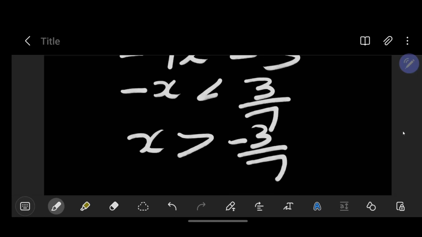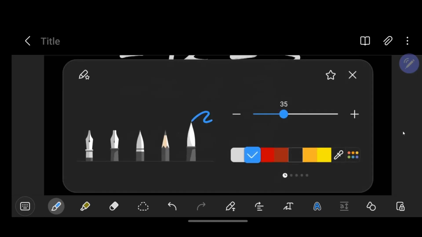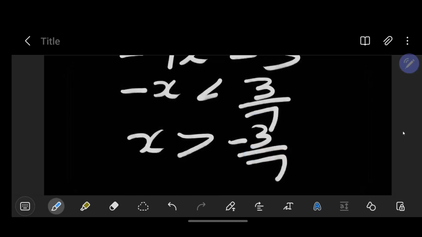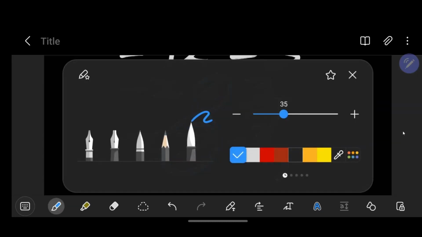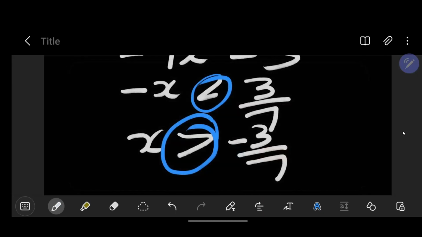Now, take note, whenever you divide by a negative, you need to change the sign. I will cover this in another video, but just remember for now, anytime you divide by or multiply by a negative, you need to change the inequality sign to ensure that your solution or x is still relevant to your question and still relevant to the number line.